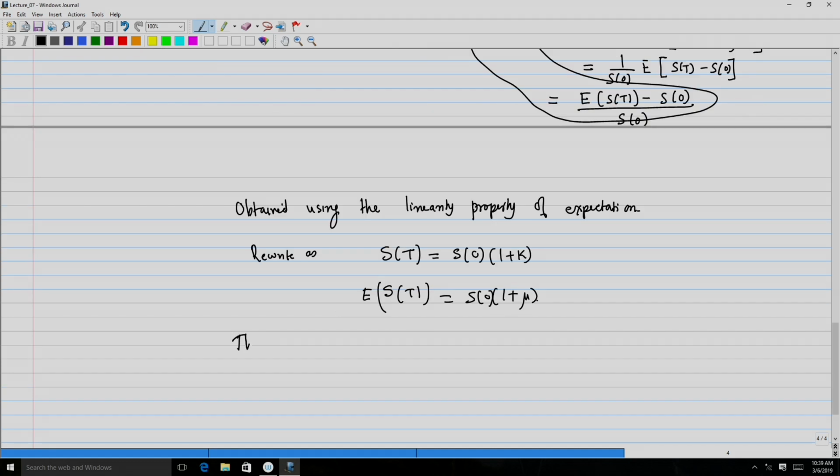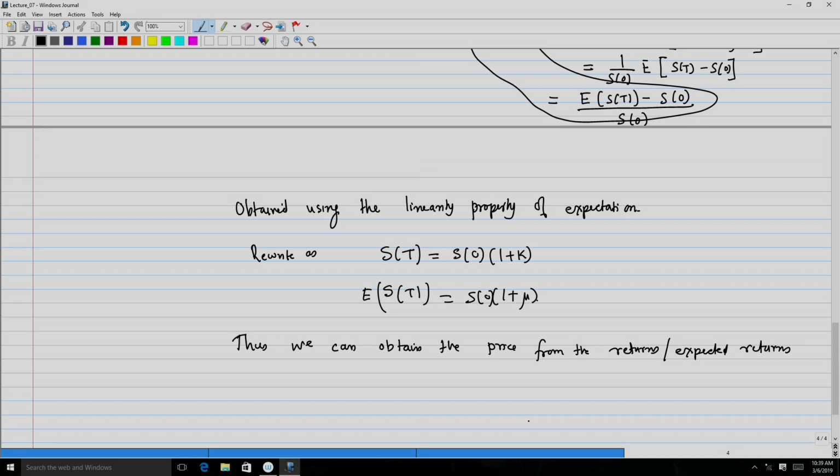So, we can obtain the price from the returns or expected returns.